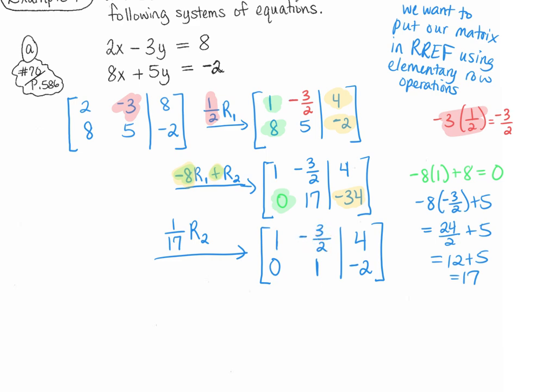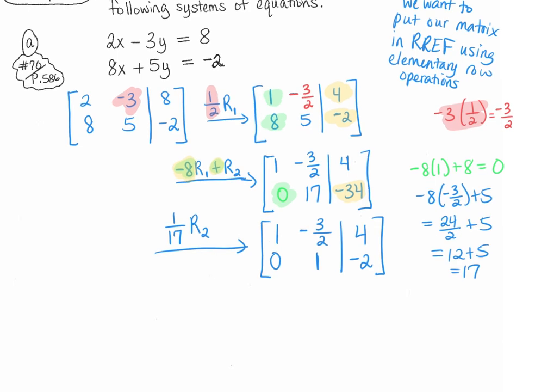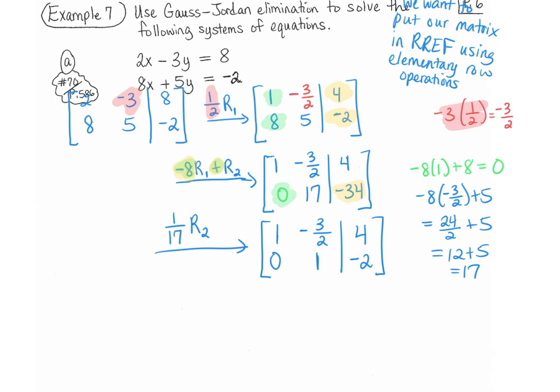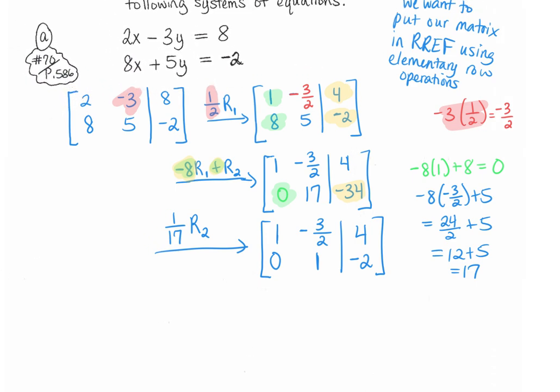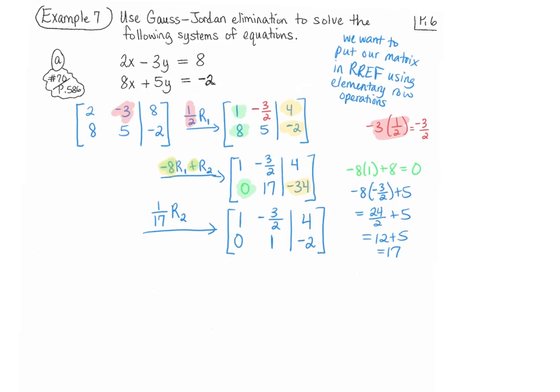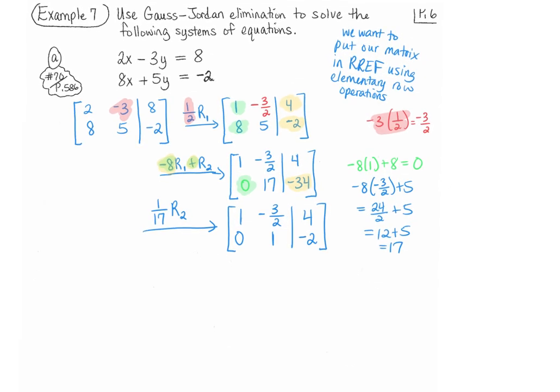How can we use row 2 to help us make this a 0 now? So my question is, what operation do we use now? That's what I'm asking. We want to make this negative 3 halves a 0 using row 2.